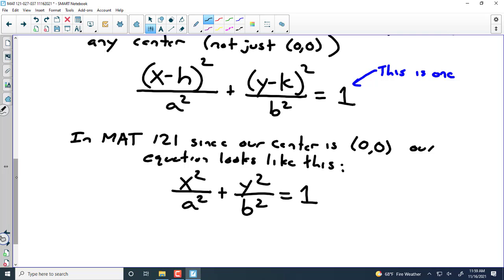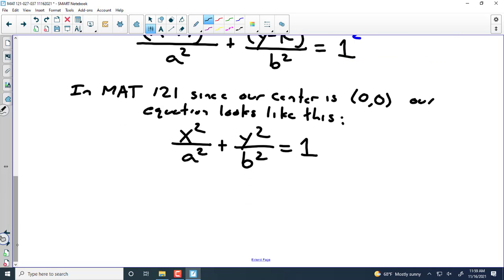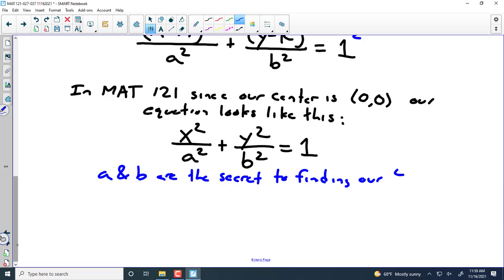X and Y are X and Y. The number 1 is the number 1. A and B are the secret to finding our 4 points. The numbers you see under X squared and Y squared are the secret to finding our 4 points.